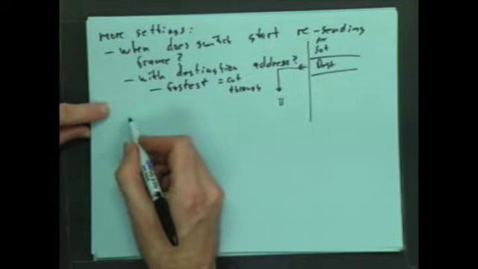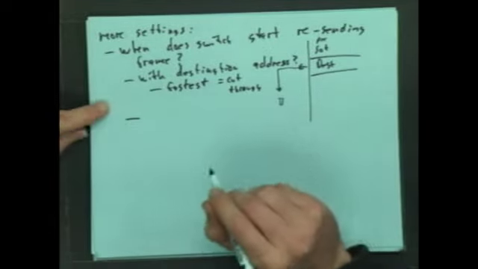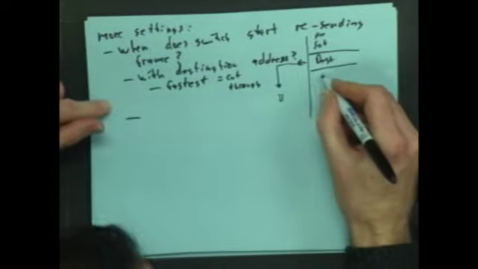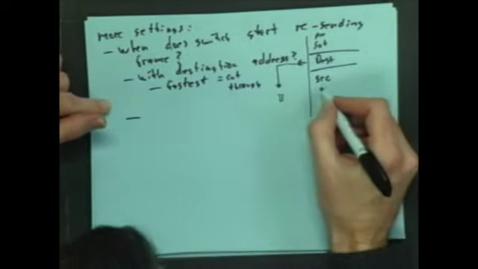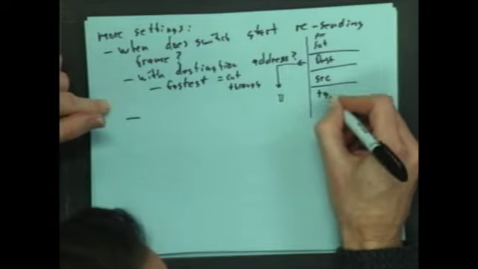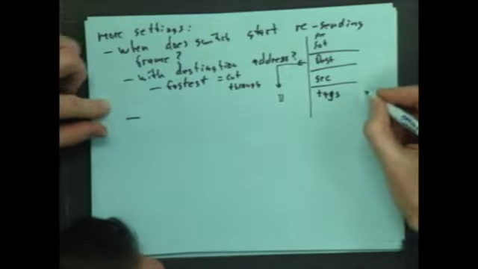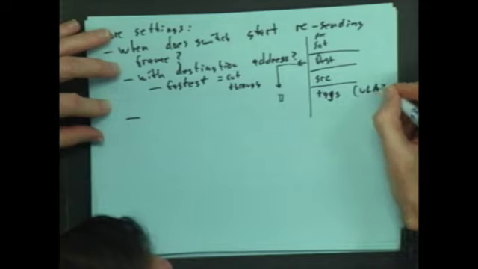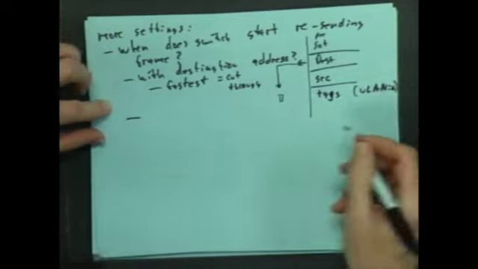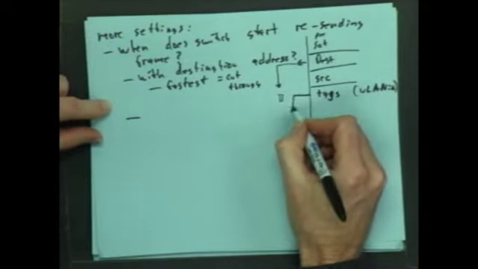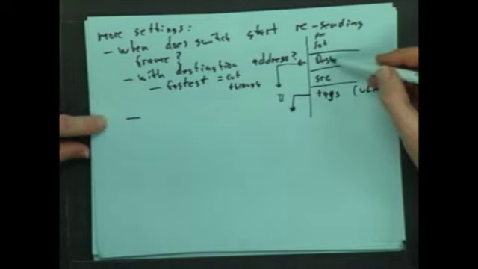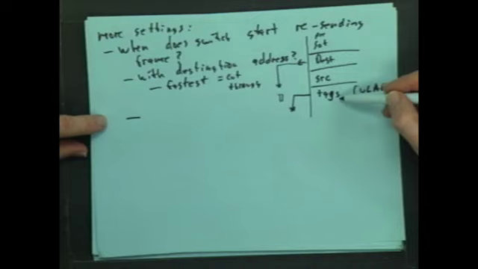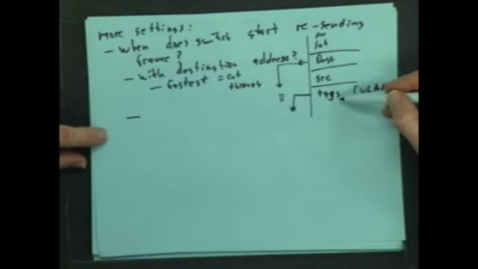The second one is if you go down a little ways, we have the source, and then we have what they call tags. And one of the tags is the VLAN ID. If we're using VLANs, we have to cut off here, because we need to know not just the destination, but what their VLAN ID is. You all remember the VLAN stuff, right?